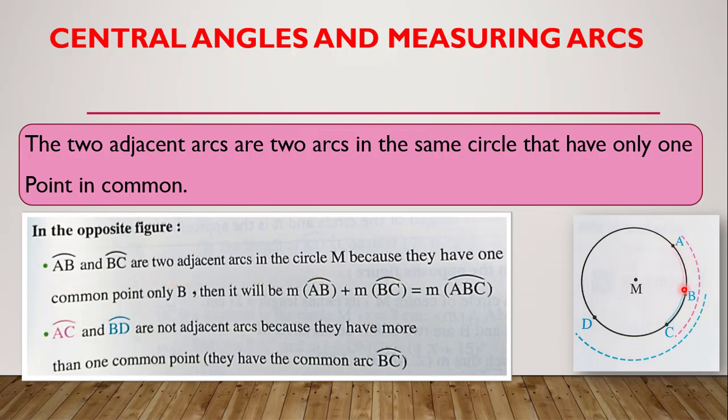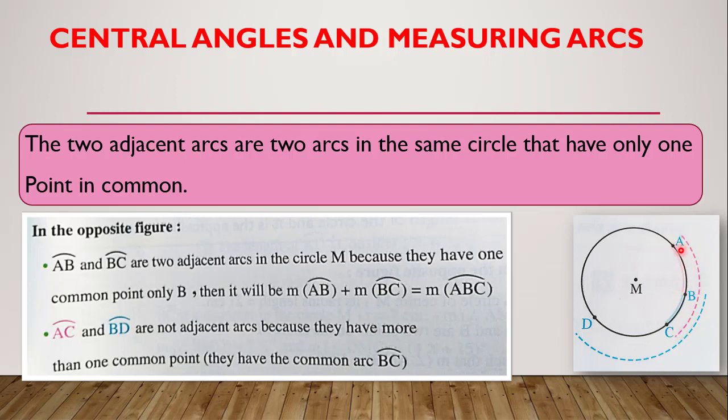Okay, so the arc AB and the arc BC are two adjacent arcs in the circle because they have only one common point, which is point B. So the measure of arc AB plus the measure of arc BC gives me the measure of arc AC, or the measure of arc ABC.